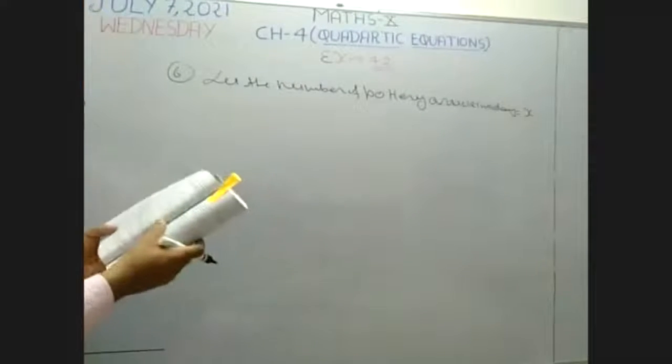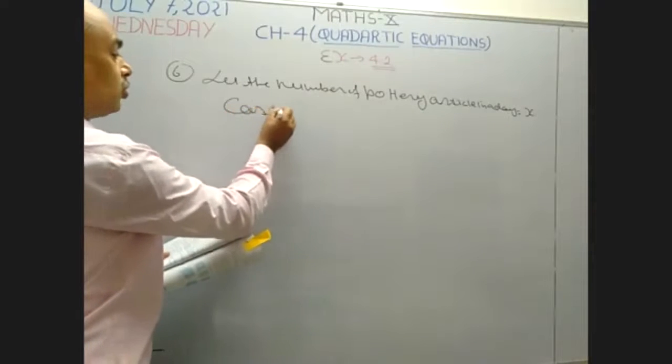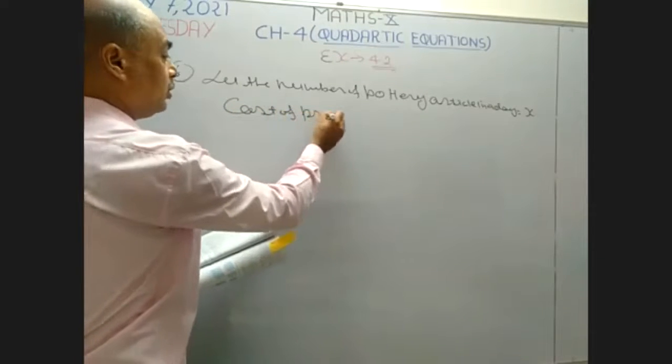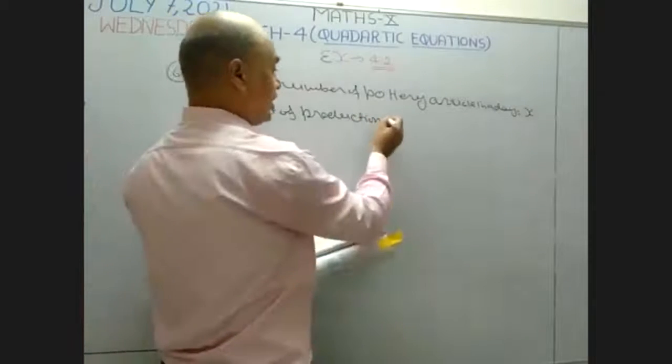Now it was observed on a particular day the cost of production. So right here, cost of production of each article.